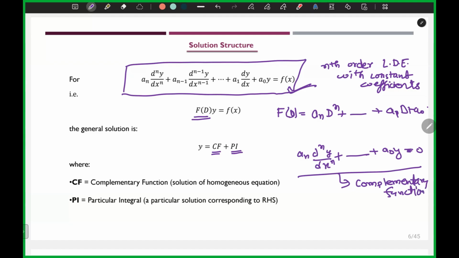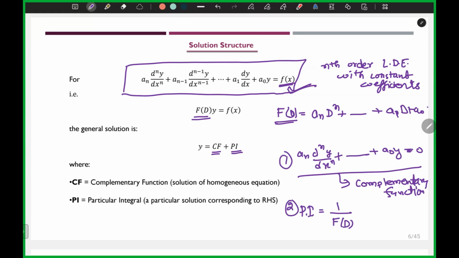If f(x) is 0, then there is no particular integral part. If f(x) is non-zero, then we are dealing with the non-homogeneous type. So the first step is to find the complementary function, and then using the differential operator, 1 upon F(D), we find the particular integral.